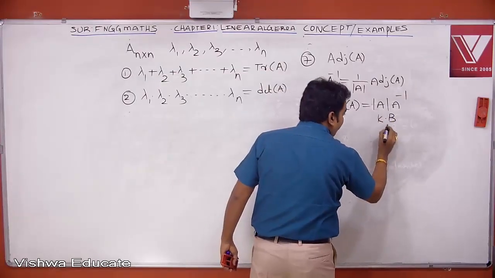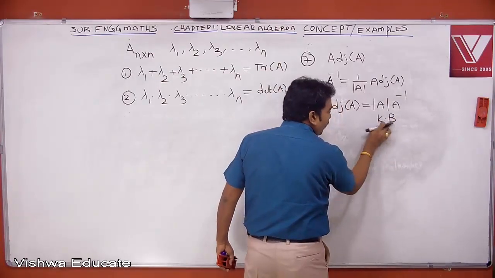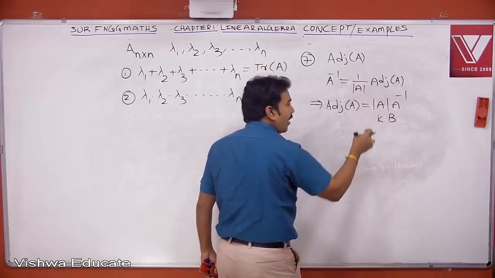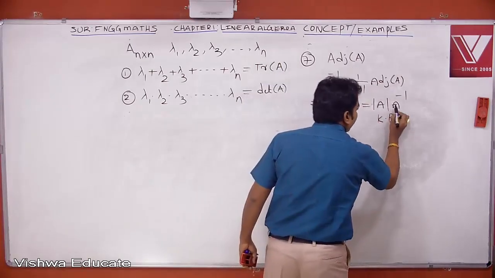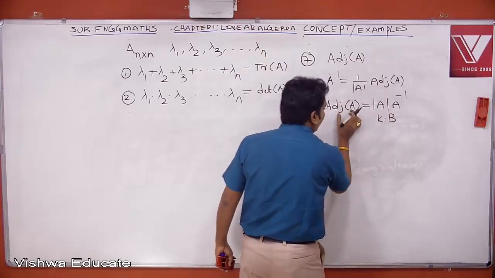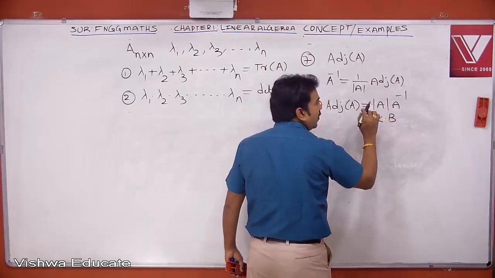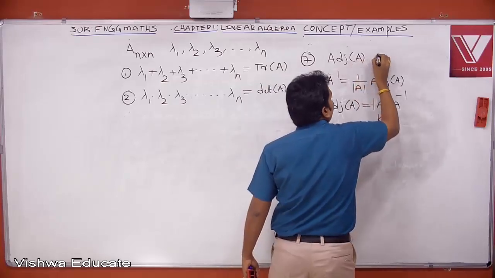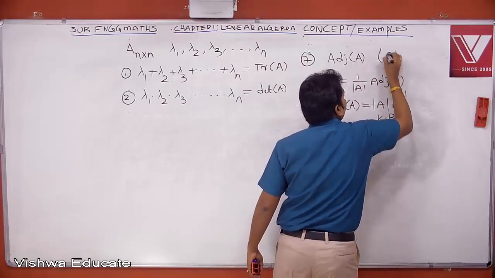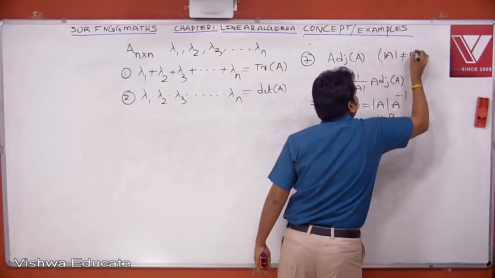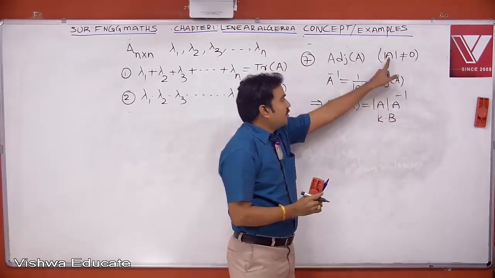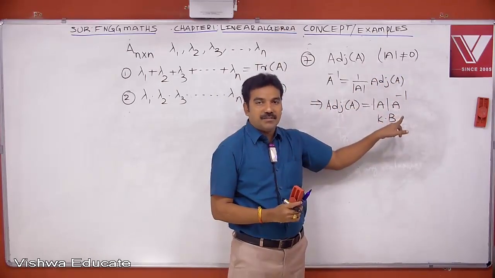In the earlier properties we mentioned the eigenvalues of multiples of a matrix. So according to that we can easily get the values, but one restriction is that I have expressed the adjoint of A in terms of A inverse. Therefore I am putting one restriction on A, that is det A is not equal to 0, because only when det A is not equal to 0 does A inverse exist.